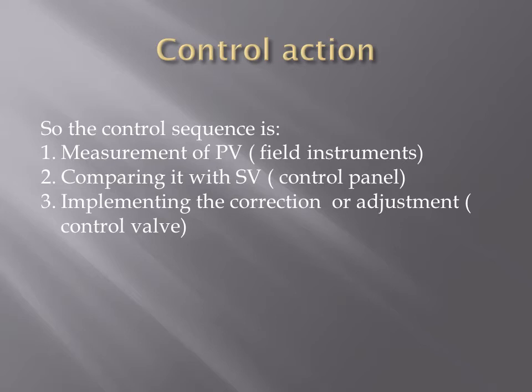So a comparison takes place in the control room, and depending on the error between the desired value and the process value from the field, the controller generates an output which goes to the control valve, which is the final control element. That is the place where the action takes place. So you have sensing, comparison, and implementation: three locations.